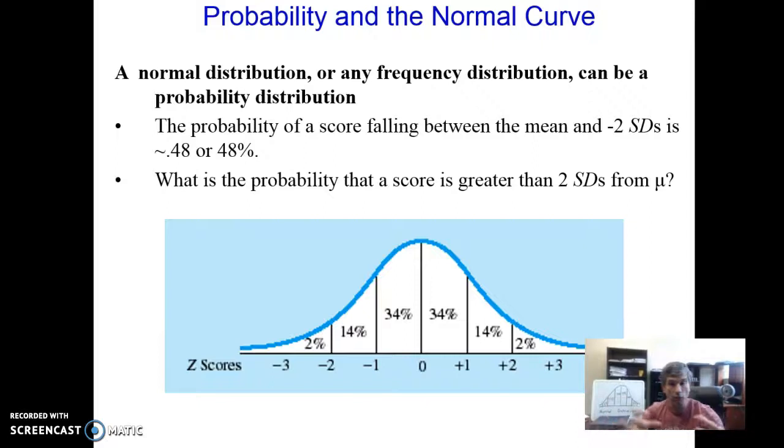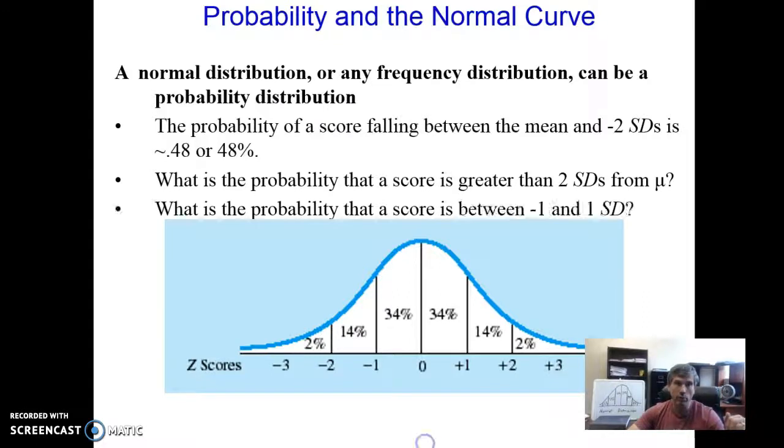Collectively, that's 4% of the population, which means the probability of drawing a score at random that far away is about 4%. So again, we're using those characteristics to make very precise statements of the likelihood of different scores. It's just taking the same frequency proportions and describing them as percentages. There's no math, there's no conversion. It's just the same numbers being described as probability rather than relative frequency.